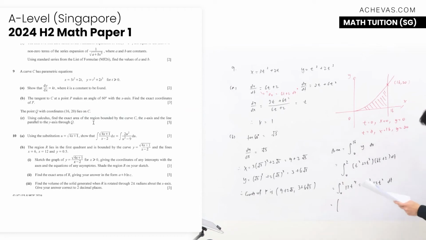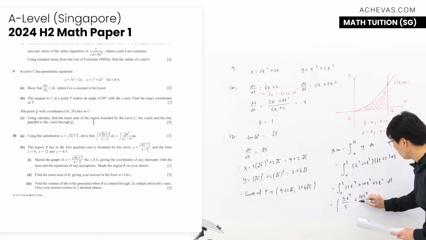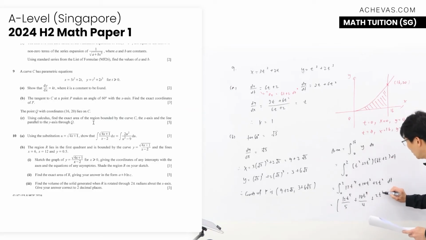This will just be a simple integration. We get 12t^5 over 5 plus 10t^4 over 4 plus 2t^3 over 3, from 0 to 2. By subbing in the upper limit and the lower limit, I will be able to get a final answer of 1832 over 15 units squared.